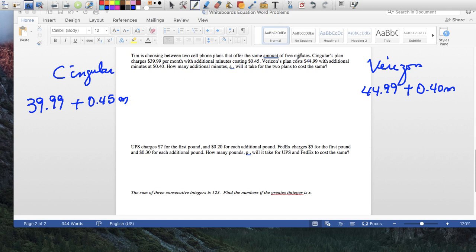So the question here says, how many additional minutes will it take for the 2 plans to cost the same? So you can obviously tell that the plans are a little bit different. Their monthly charges are a little bit different, and their per minute charges are a little bit different. But there's going to be a point where both plans are going to be the same.